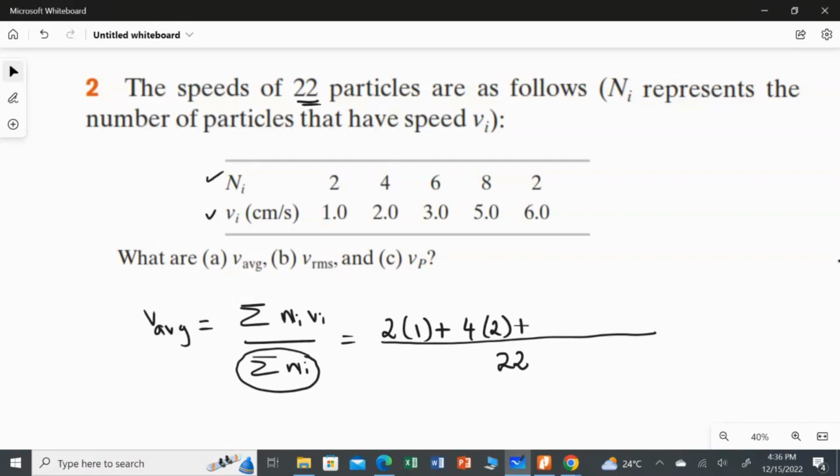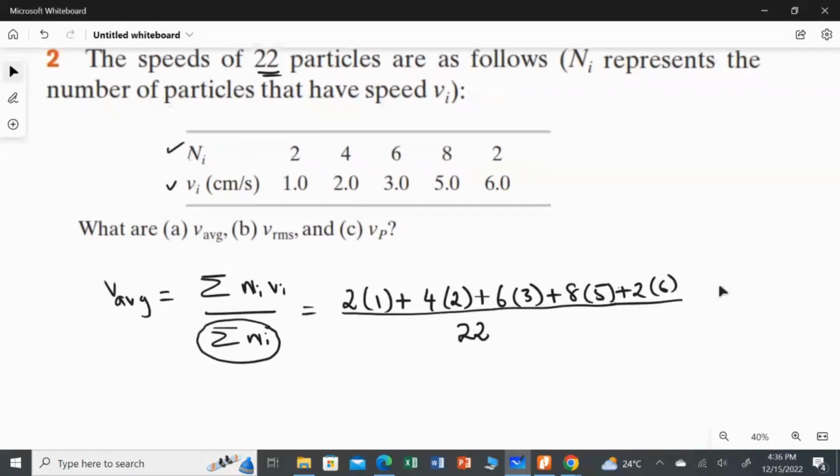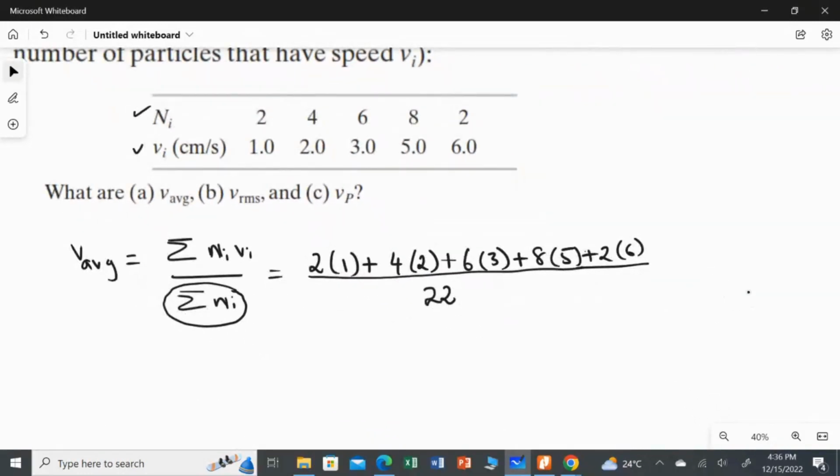Likewise, we add one by one: 6 multiplied by 3 plus 8 multiplied by 5 plus 2 multiplied by 6. Once you calculate, you will get the average speed.